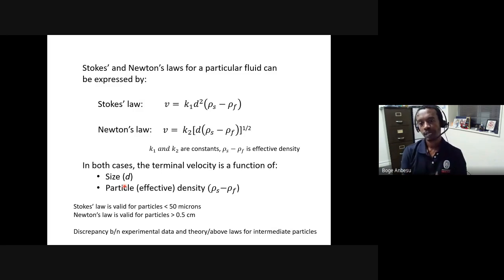But over the years, people have been trying to work and validate these expressions, and it's found that Stokes law applies usually for particles that are smaller than 50 microns, and Newton's law applies for particles that are coarser than 0.5 centimeters. But unfortunately, most of our mineral processing operations work in between those sizes.